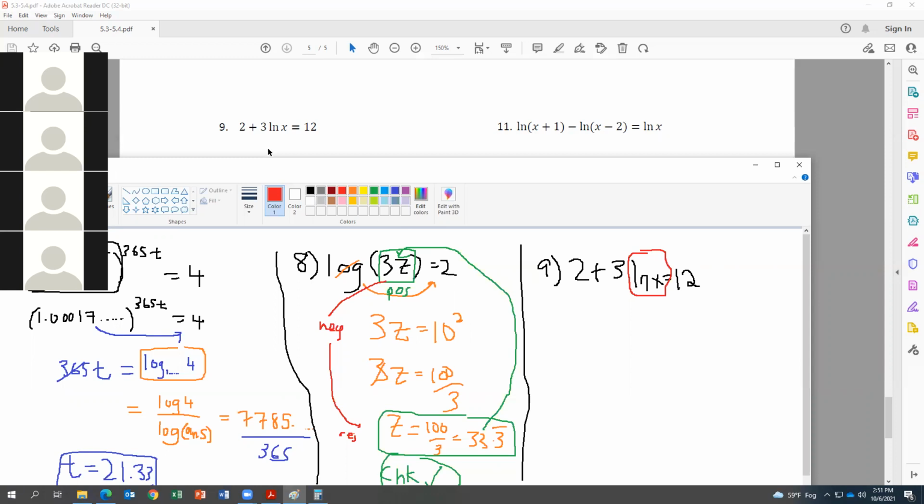So does anyone know how to make this ln x by itself? What are you going to do with the 2 and the 3? Can I add a -2 and then divide by 3? Yep. So you subtract 2, divided by 3. Anyone know what that is? It's 10 over 3, right?